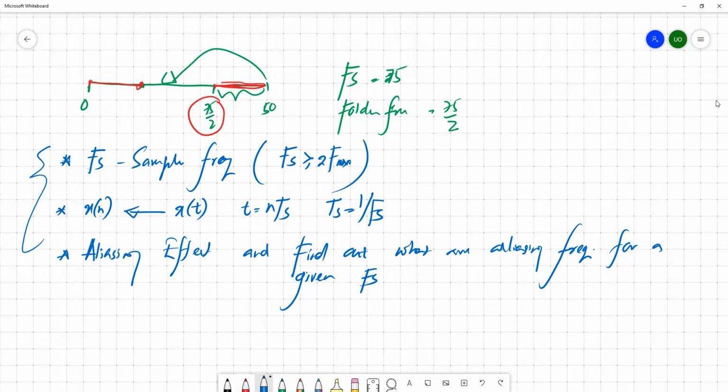If you have any questions, you can raise them now. If you don't have any questions, we will discuss a couple of examples of the discrete Fourier transform next time.